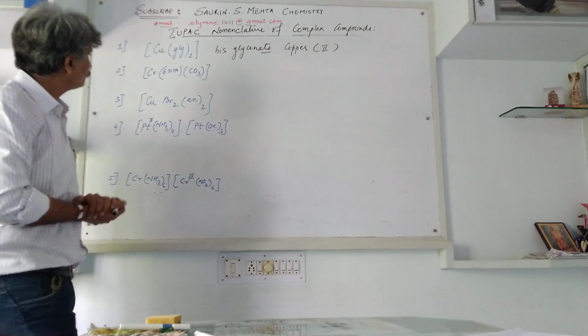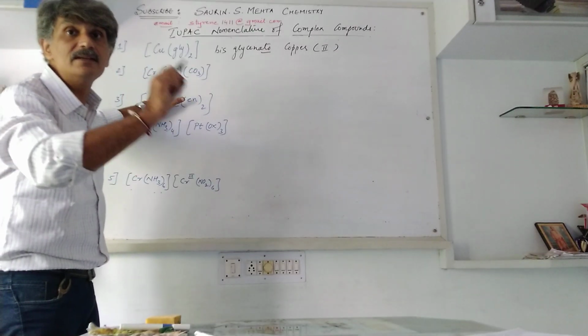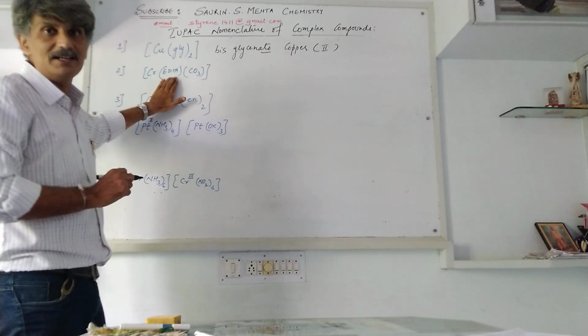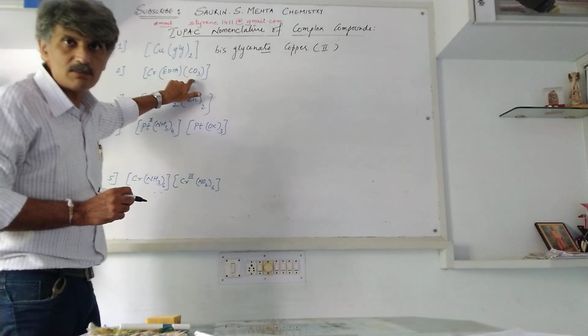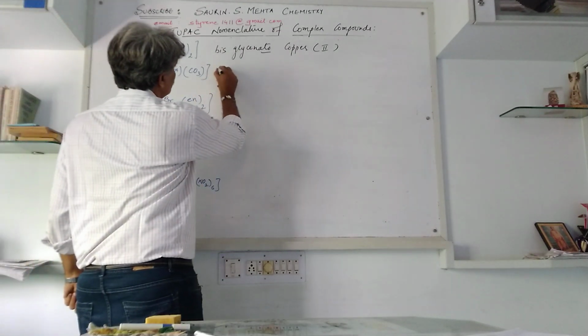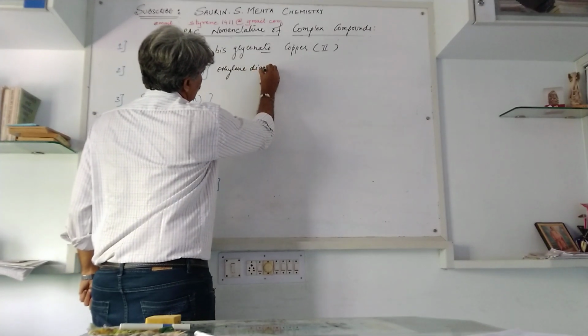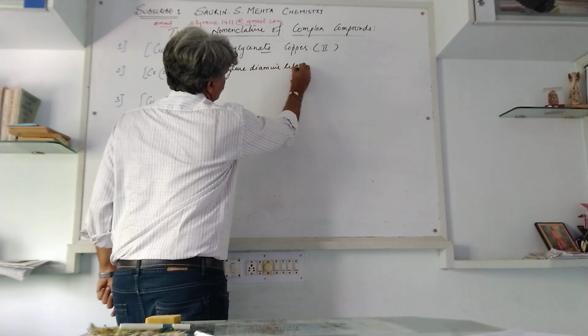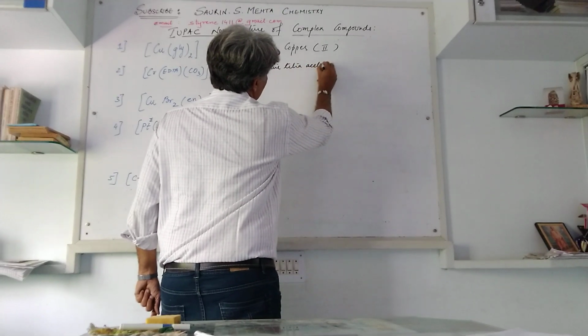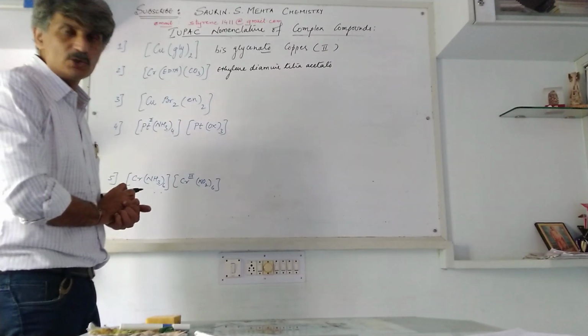Again this one, Cr EDTA. You know, it is ethylene diamine tetraacetate ion. This is EDTA. This is carbonate ion. So I'll straight away name from here as ethylene diamine tetraacetate, because it's an ion, it's acetato.